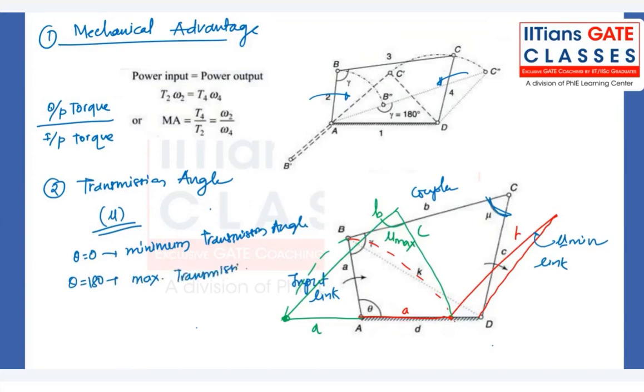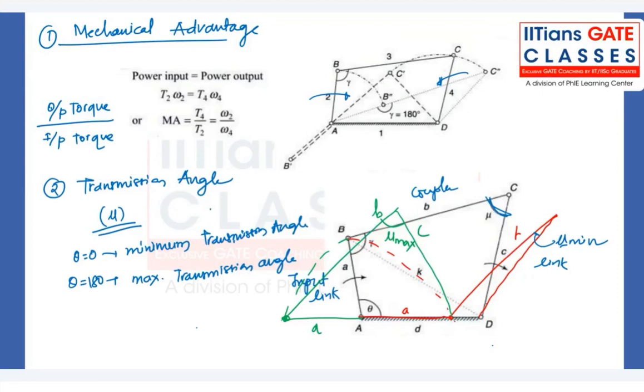So this is the way we can calculate the minimum and maximum transmission angle in the case of a mechanism. We have to look into the type of the mechanism and figure out at what value of theta.